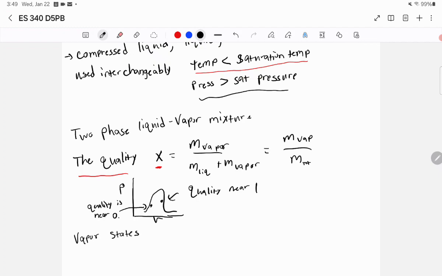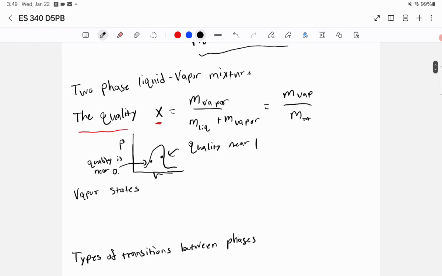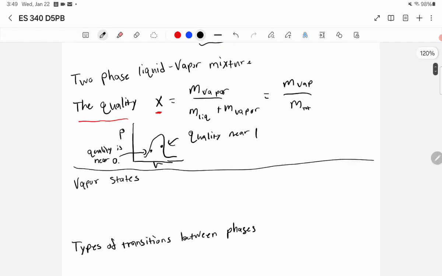The quality will be useful for other things as well. For instance, when we need to get values off of tables, which I'll discuss in a moment. So then we also have vapor states, of course. Recall that when we get over to the right-hand side of that curve, when the quality hits 1, we're in the saturated vapor.